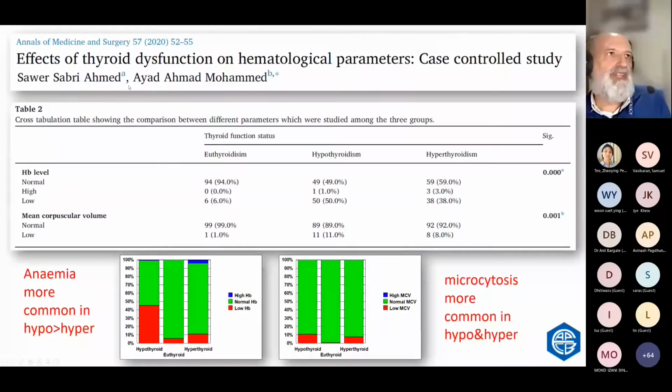And more recent studies have shown that in hypothyroidism, they are likely to be anemic, but it's more likely to be microcytic than macrocytic.